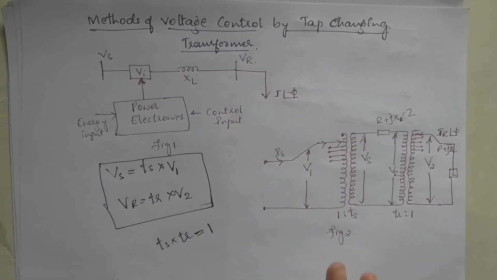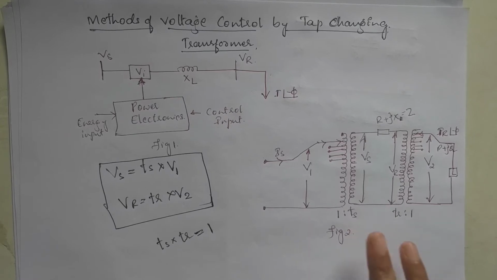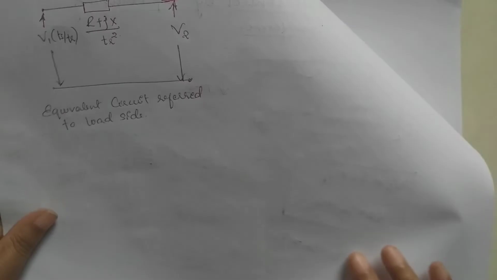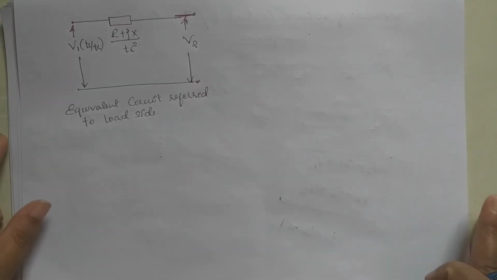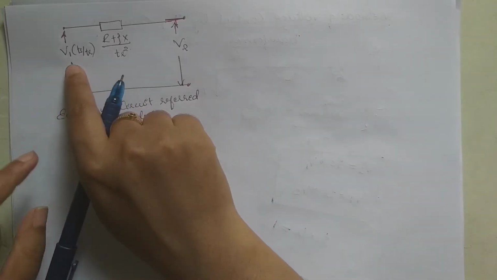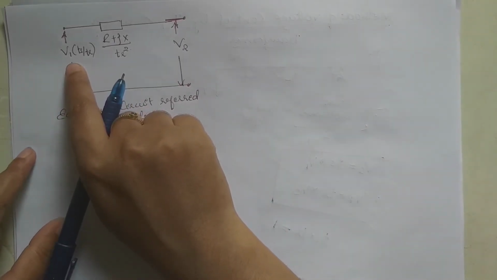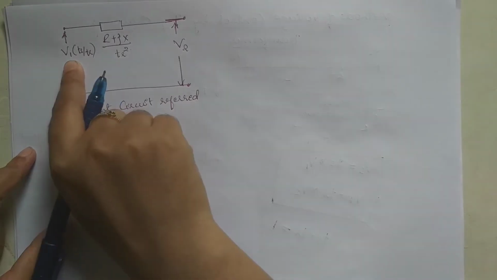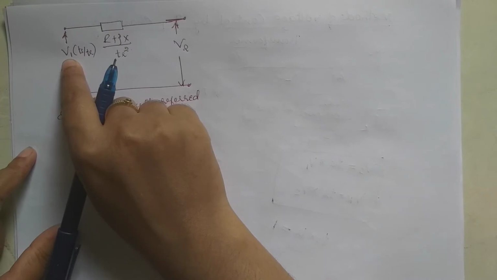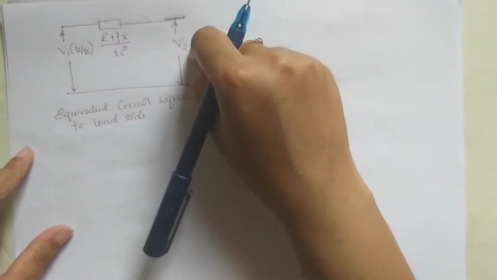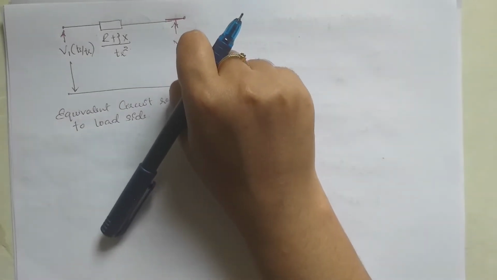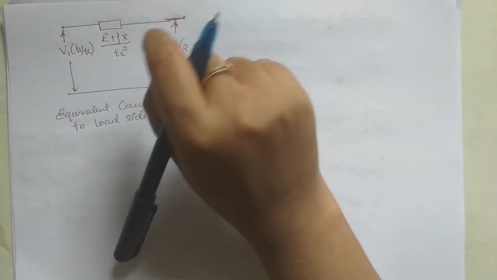So we will draw the equivalent circuit referred to load side, which is shown by this figure. V1 is the sending end voltage at the end of the line, V2 is the receiving end voltage at the end of the line, and Vs and Vr are the actual voltages.